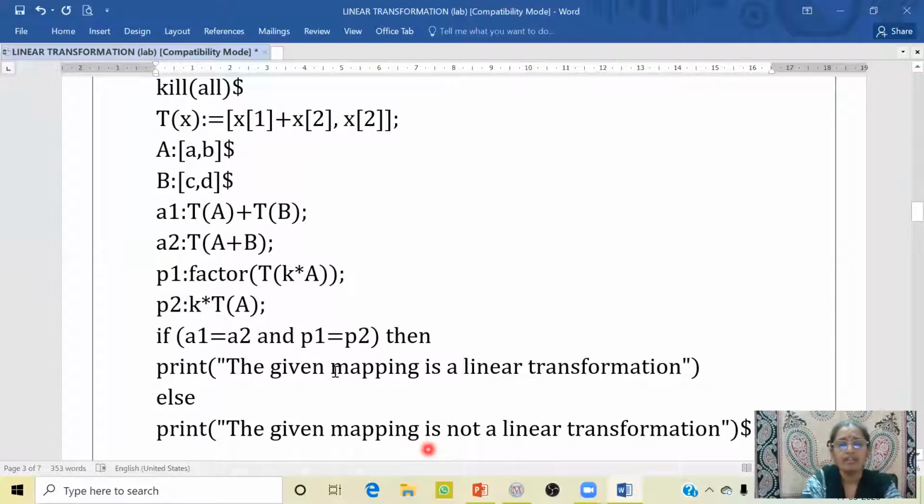Now let us execute this using the Maxima software.